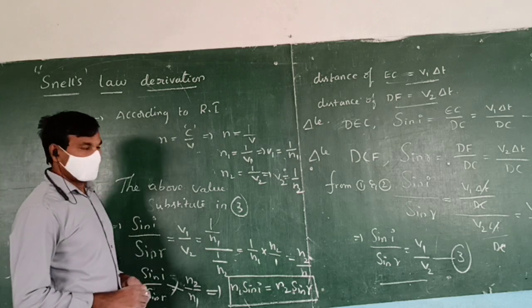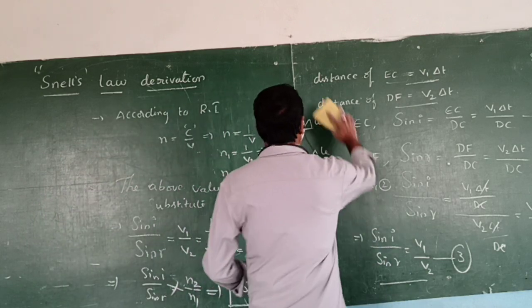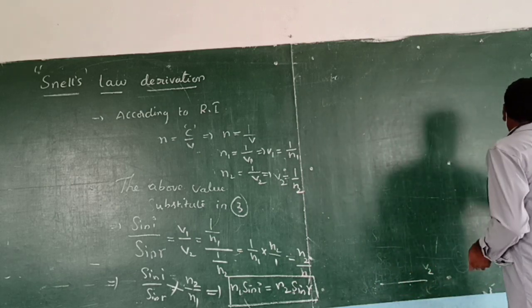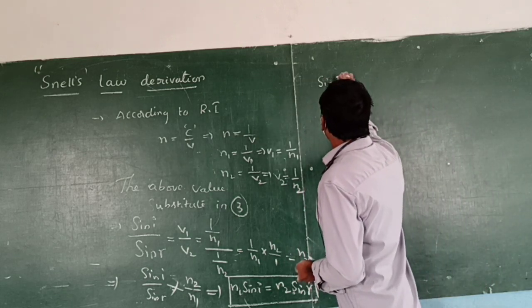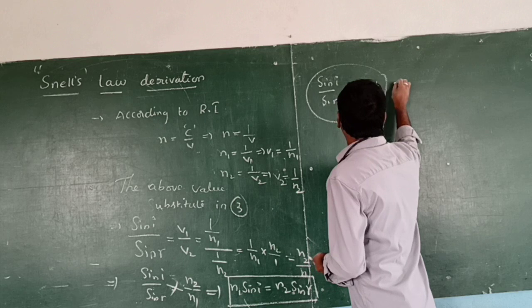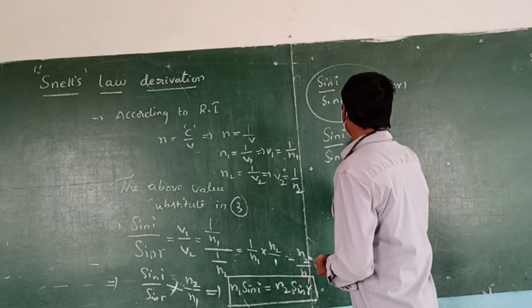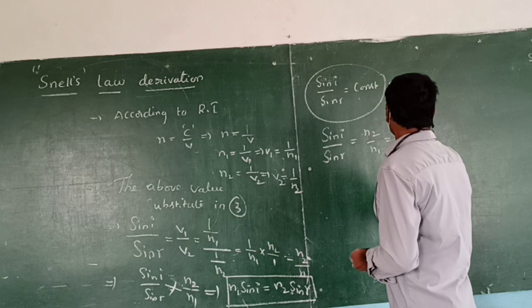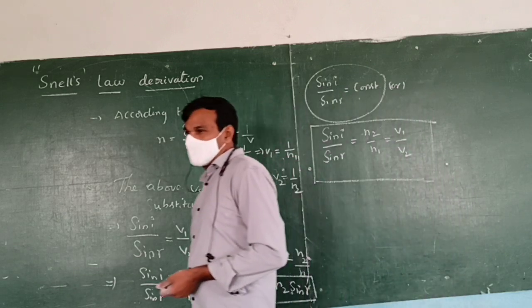We can also write sin i by sin r equals constant, or in the form sin i by sin r equals N2 by N1, which equals V1 by V2. This is the derivation of Snell's law. Are you clear?